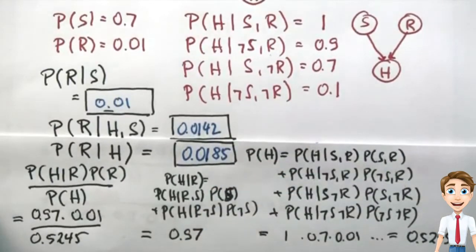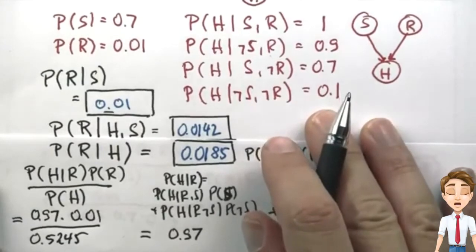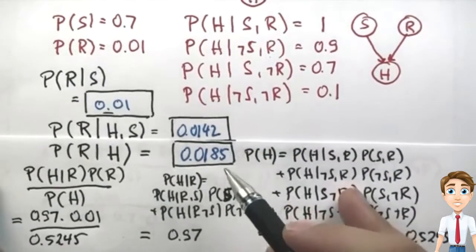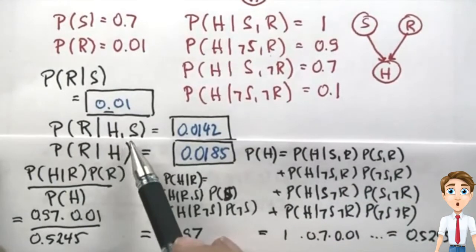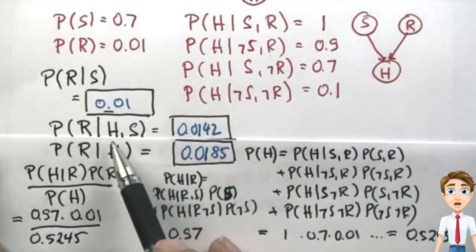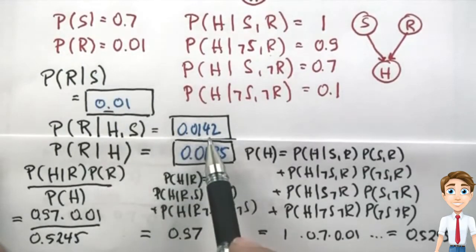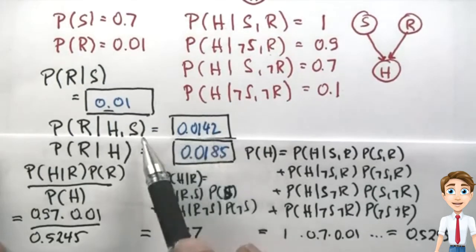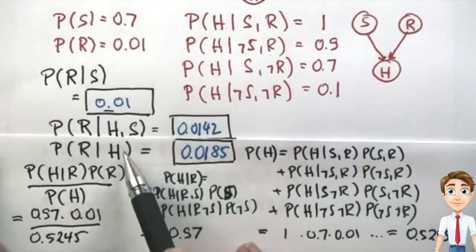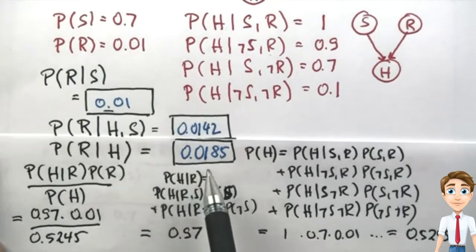And if you got this right, I will be deeply impressed. But the interesting thing now to observe is, if we happen to know it's sunny and I'm happy, then the probability of a raise is 14%, 0.014. If I don't know about the weather and I'm happy, then the probability of a raise goes up to about 18.5%.